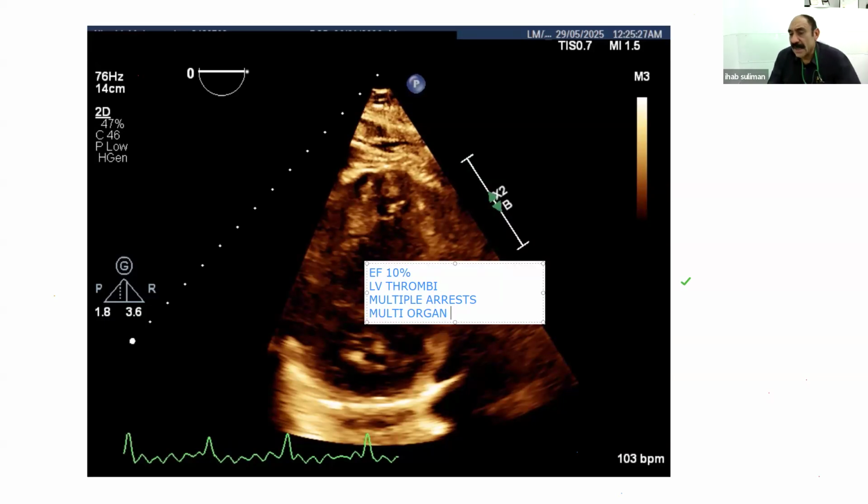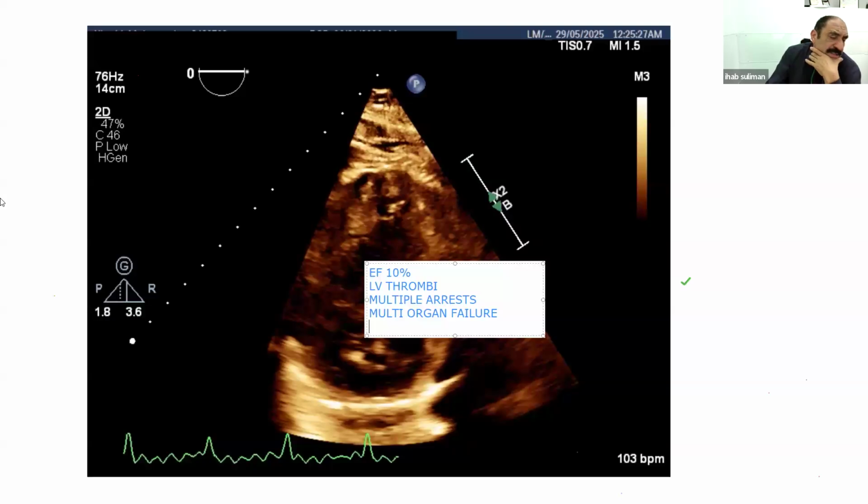Nobody, if you ask ICU people or staff or nurses, they will tell you nobody expected this young man to survive because he had hundreds of cardiac arrests. But good to the staff, we are working with them. They are really very good staff when you have good staff experienced at ACLS.